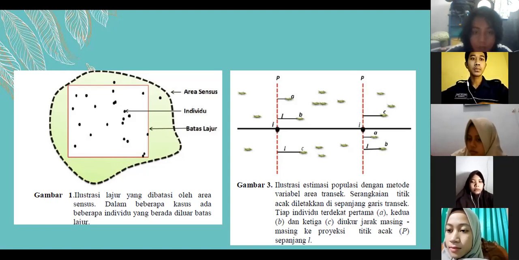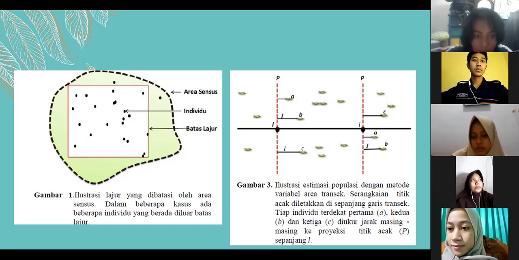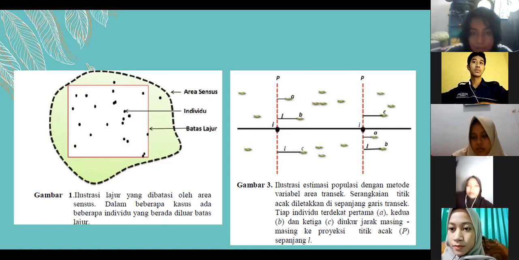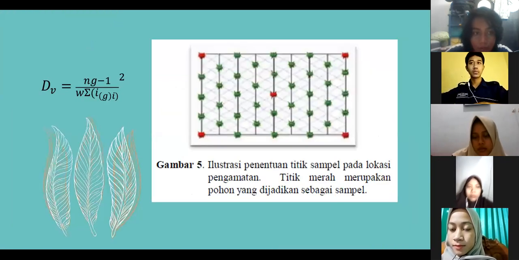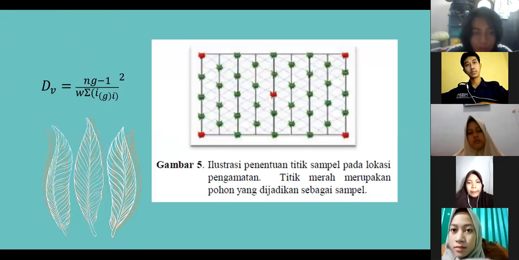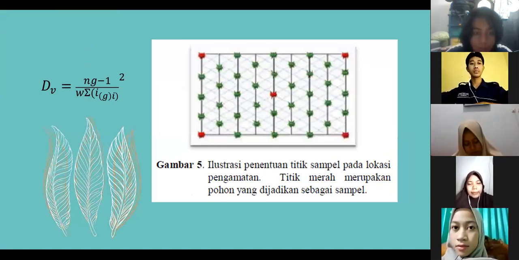The individual closest to each point is first A, second B, and third C. Measure the respective distances to the three. This is the formula for the transect area method and the picture to explain it.